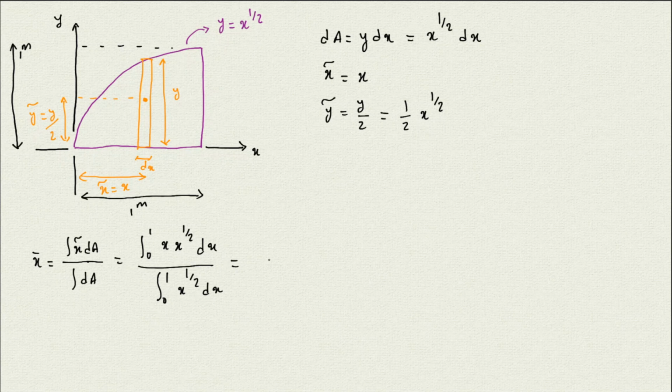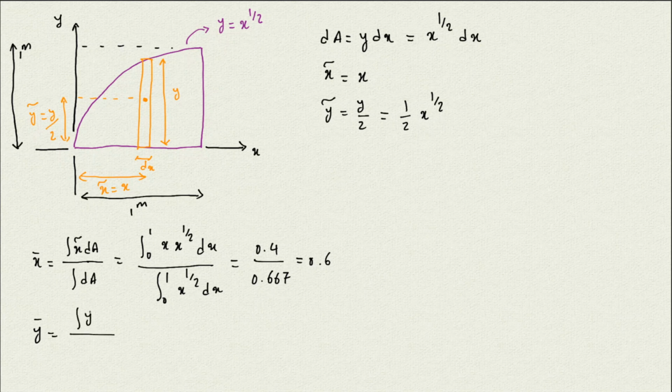It comes out as 0.4 divided by 0.667, or 0.6 eventually.